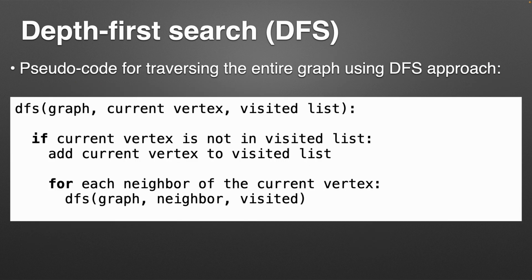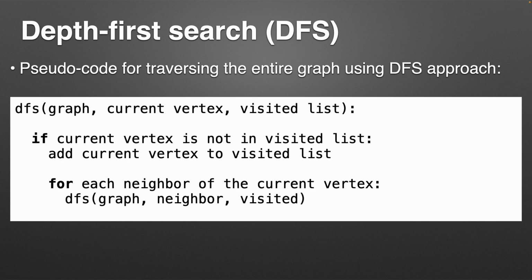I'll give you some pseudocode intuition for this idea. This is a function, depth first search, and it's going to traverse the entire graph. We have our graph and a starting point, and we keep a list of places that we've visited, because we only need to go there once. The first thing we do is, if our starting point is not in the visited list, we add it to the visited list.